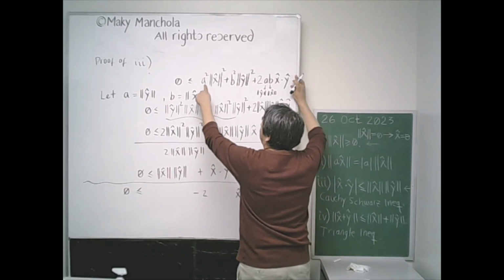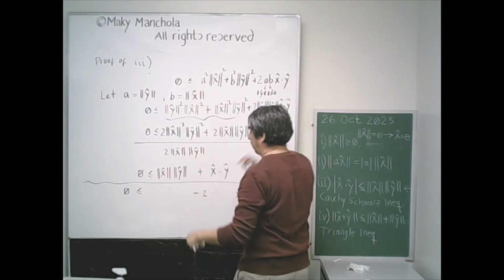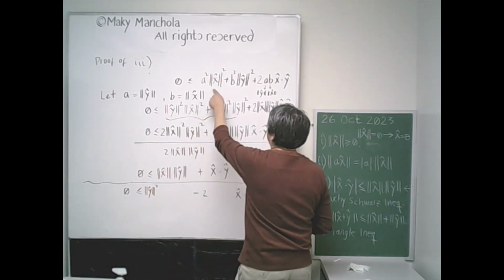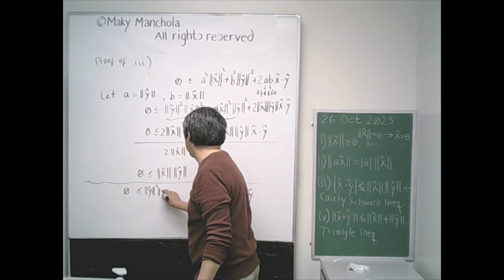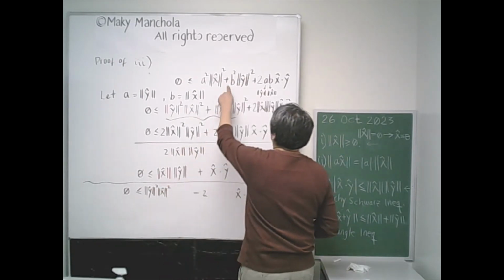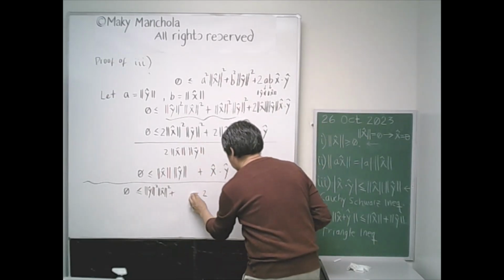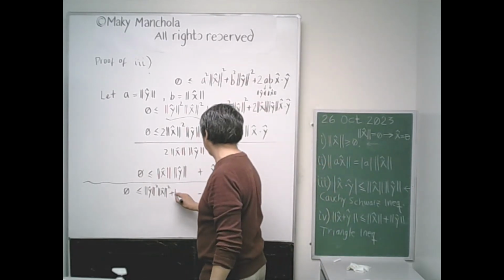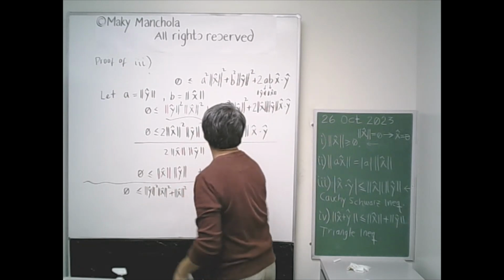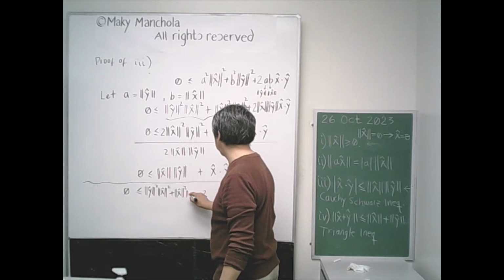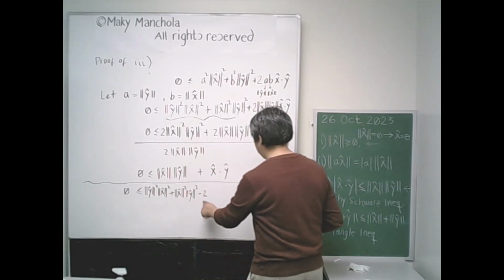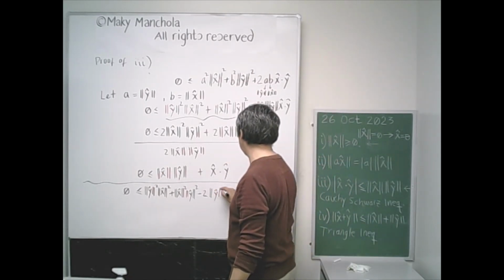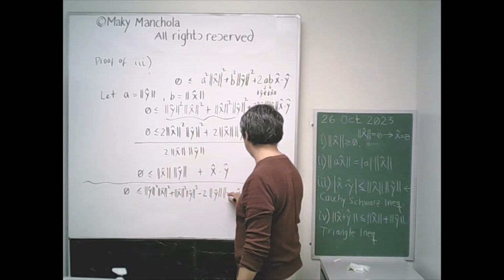So that will give you the norm of y hat squared multiplied by the norm of x hat squared, and then plus the norm of x hat squared multiplied by the norm of y hat squared, and then minus 2 times a, which is the norm of y hat, times b, which is the norm of x hat.